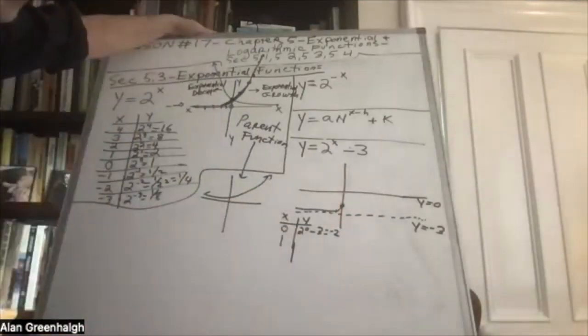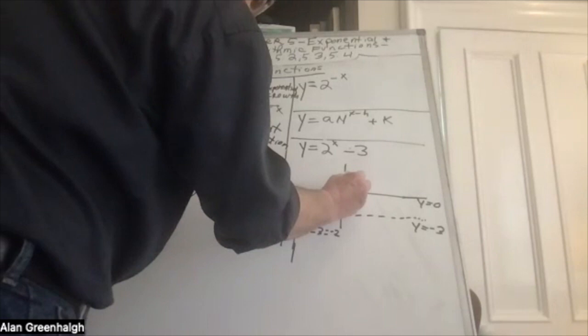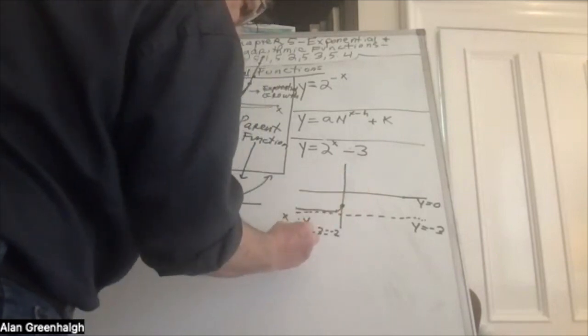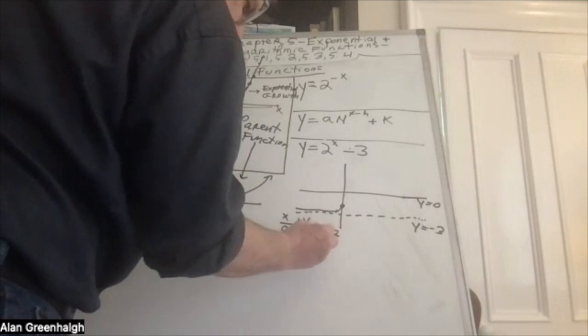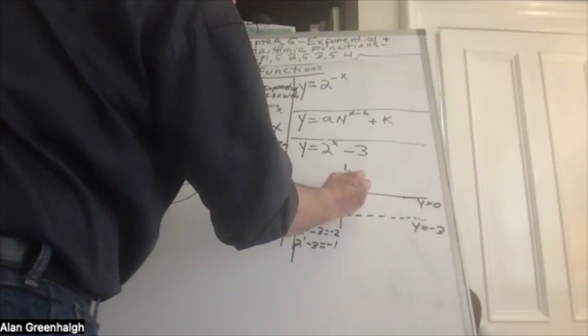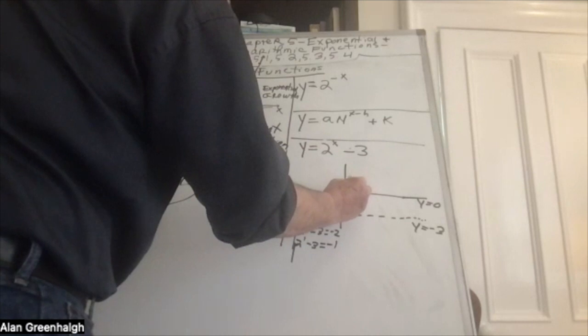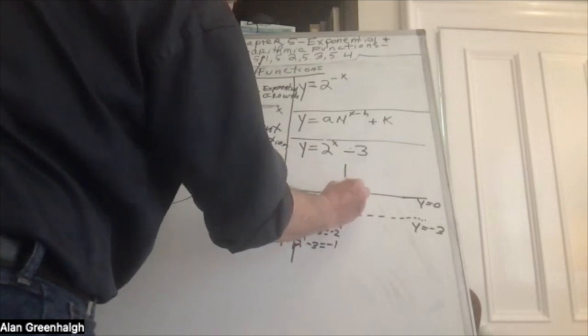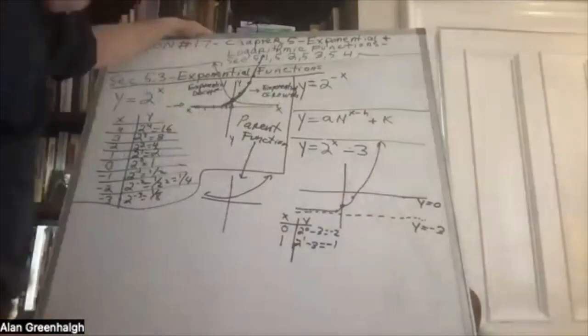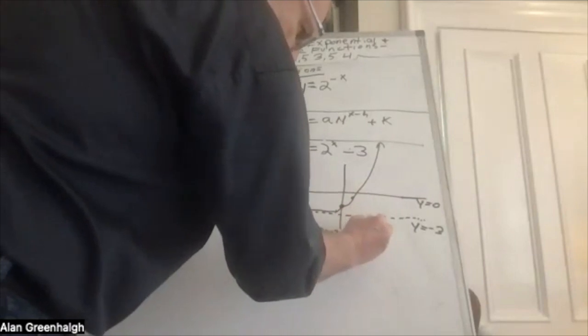And you know what happens when it hits -2? It then should shoot way up. When x is equal to 1, 2 to the 1 is equal to 2, minus 3 is -1. So when x is equal to 1, y is equal to -1. So this is what it's going to look like going in that direction. And you'll see that we do indeed have an asymptote.